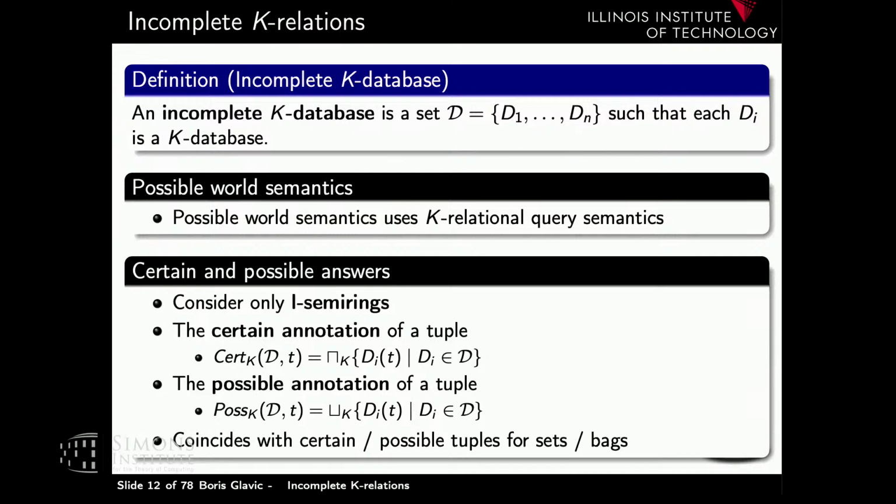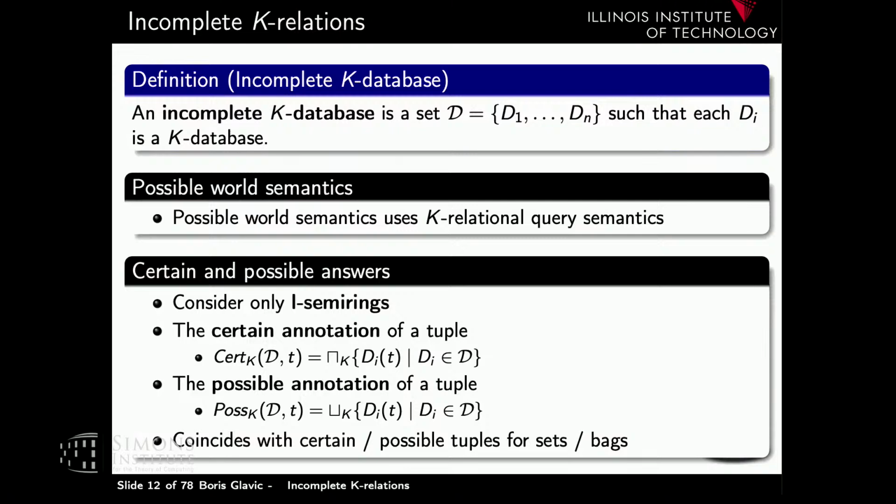The certain annotation of a tuple t in an incomplete database D is just going to be the greatest lower bound of all of the annotations of the tuple across all of the different worlds. And for possible annotations, the opposite: we're just using the least upper bound, again, across all of the possible worlds.